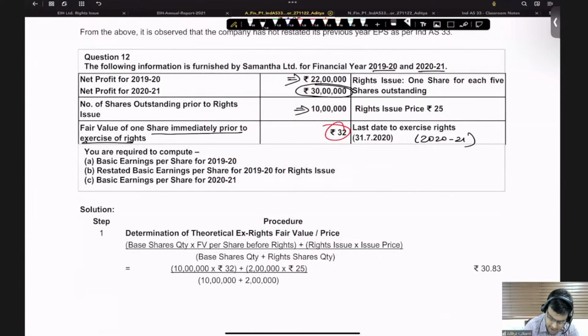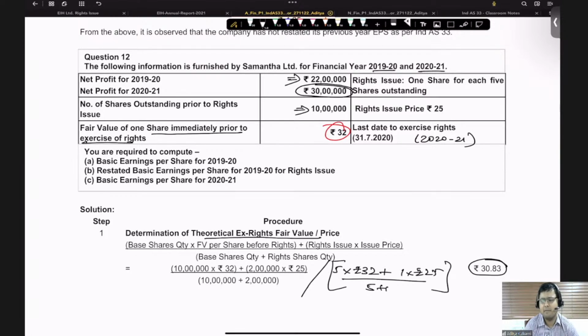Determination of theoretical ex-rights price. You remember we got this 30.83. You can do it by either of the two methods. They have taken total, that is 10 lakhs into 32 plus 2 lakhs into 25 divided by 10 lakhs plus 2 lakhs, or what I did, you can also follow in exam, 5 into 32 plus 1 into 25 divided by 5 plus 1.